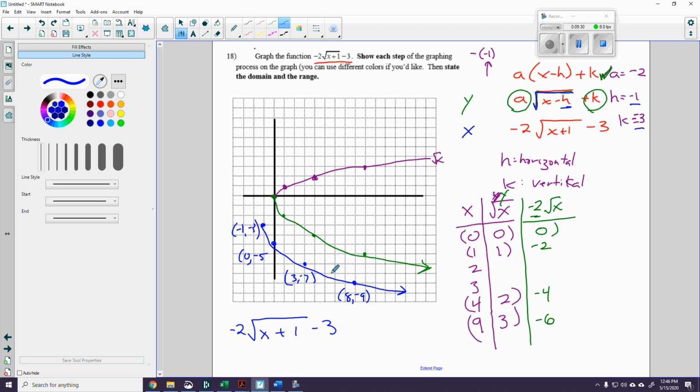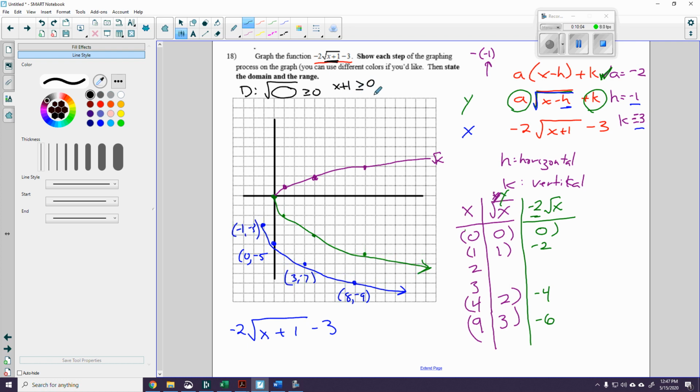Now, I need to determine the domain and the range of this function. Well, to find domain, I know that if I have a radical sign, the radicand, that is what is under the radical sign, has to be greater than or equal to 0. So I can take my radicand, x plus 1, and set that greater than or equal to 0.